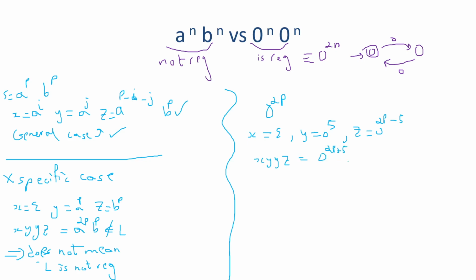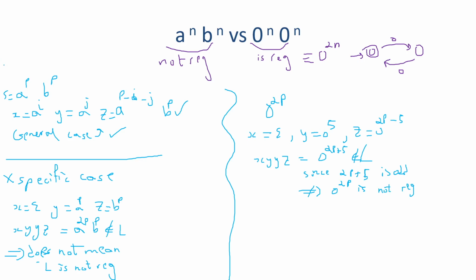And this does not belong to my language, since 0^P or 2P plus 5 is odd. So it had to stay even to be in my language. So it's not in my language. However, this does not mean 0^P is not regular. Like we just proved, we drew a DFA for it. It is regular.